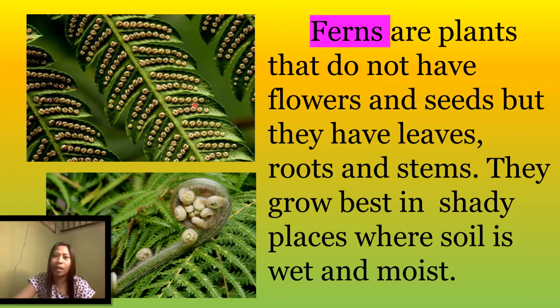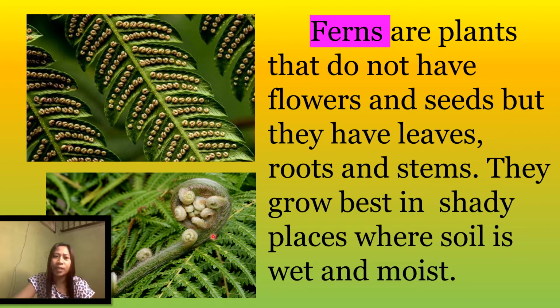They grow fast because they have plenty of spores which enable them to produce their own kind very easily. Ferns grow best in shady places where the soil is wet and moist. Gusto nila sa mga lugar na mamasa-masa.